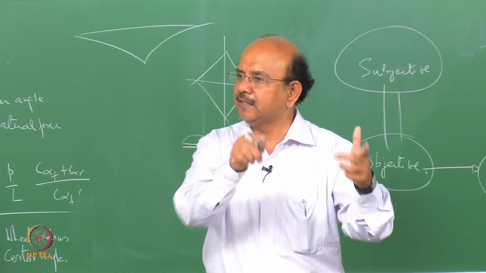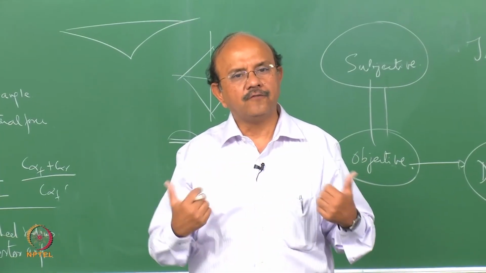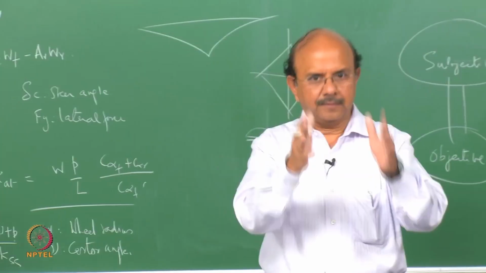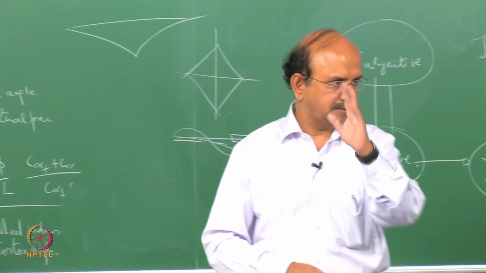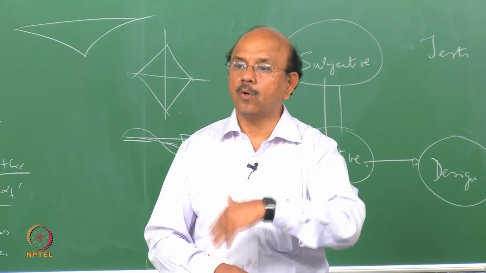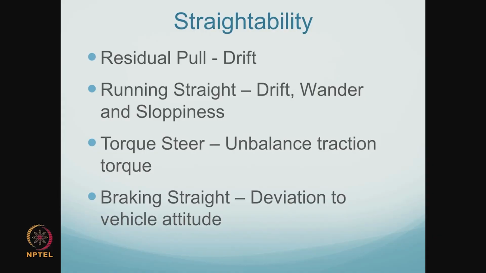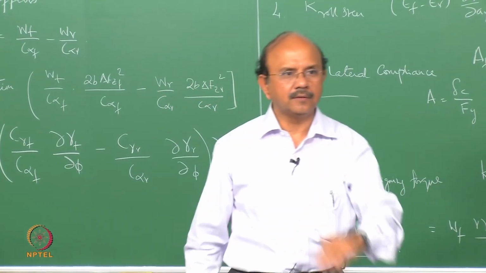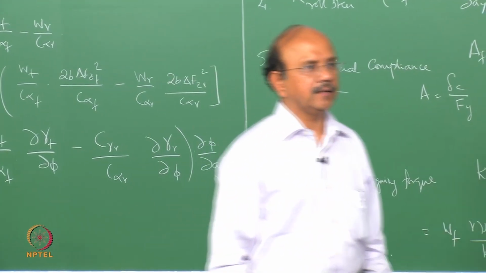The problem is either the tire wear will be high or fatigue of the driver will be high. So he doesn't want the attitude of the car, the nose angle, to go up and down. So braking straight is about the deviation of the vehicle attitude, whether it's going to turn or it's going to remain straight.